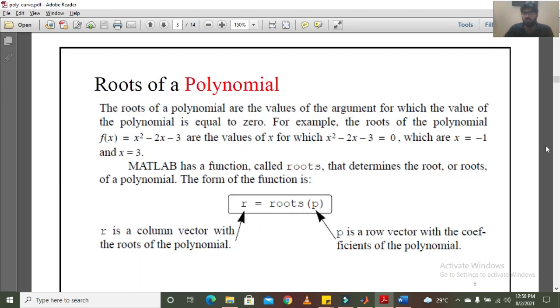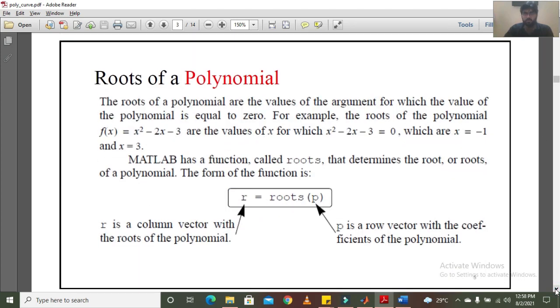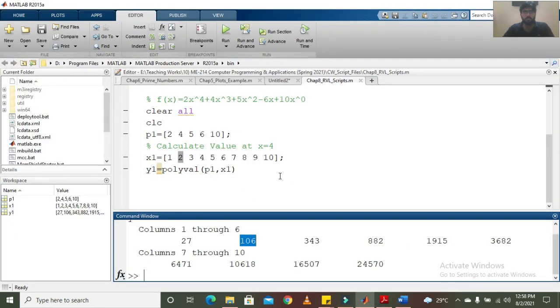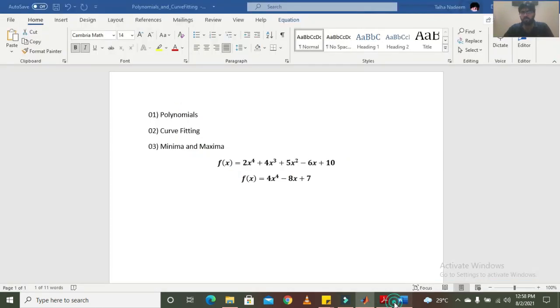Next we have the roots of a polynomial. What do we mean by roots of a polynomial?